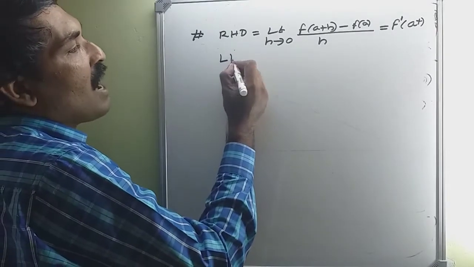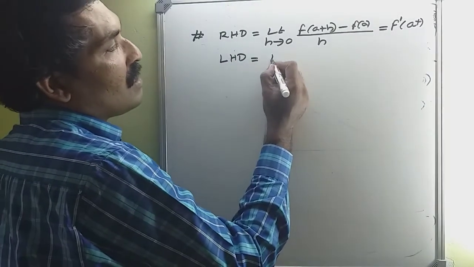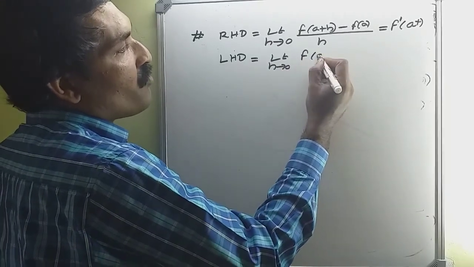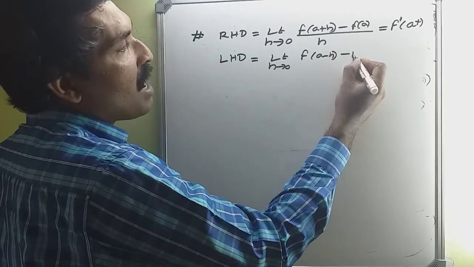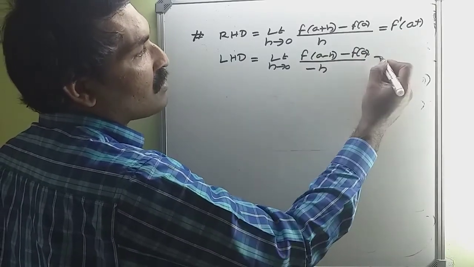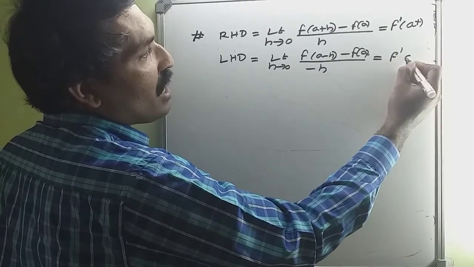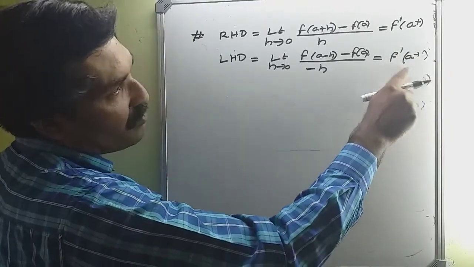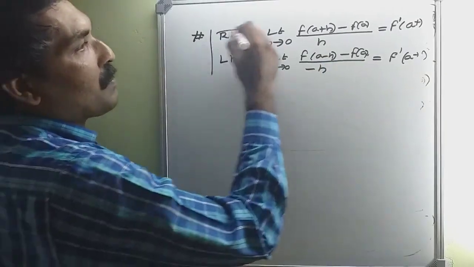Then the left hand derivative is equal to limit h tends to 0 f of a minus h minus f of a divided by minus h, denoted by f dash a minus, because we are approaching a from the left hand side of a.